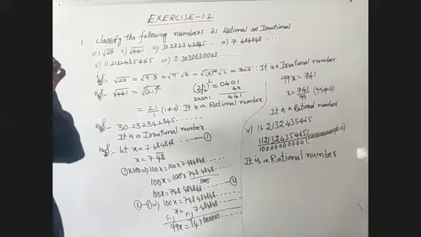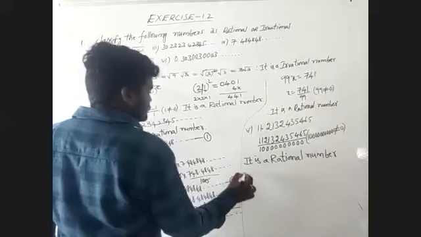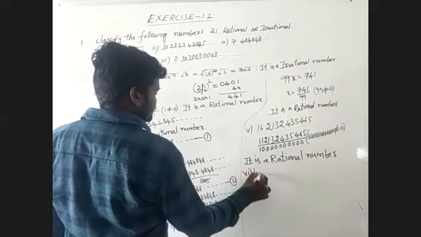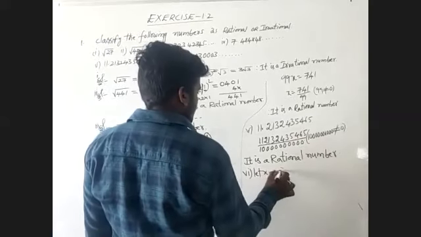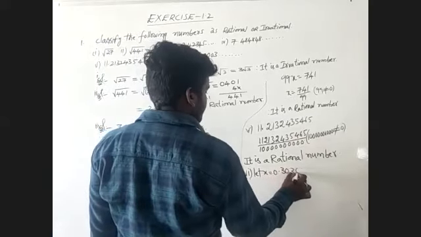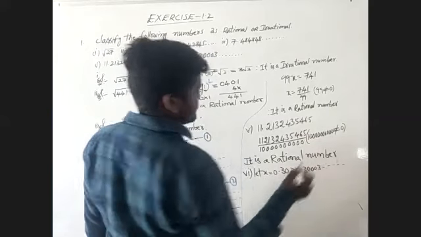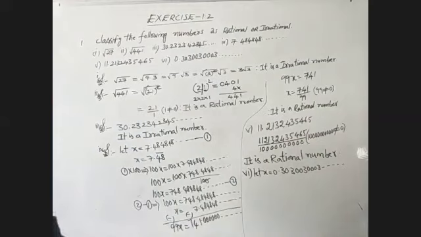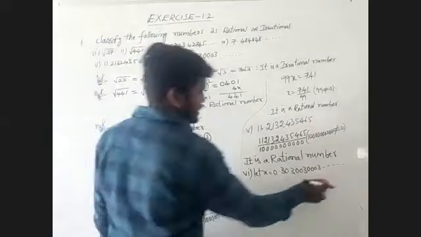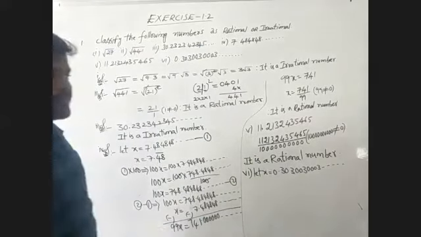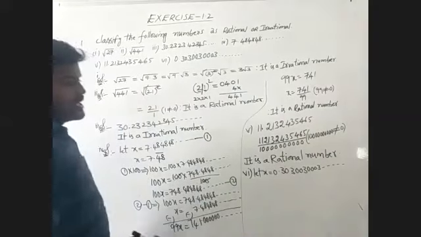Finally, now I am going to the sixth one. What is asked in the sixth one? x is equal to 0.303003003 and so on. We observe that after the decimal point there is no ending point, and also there is no repeated term in this given decimal.